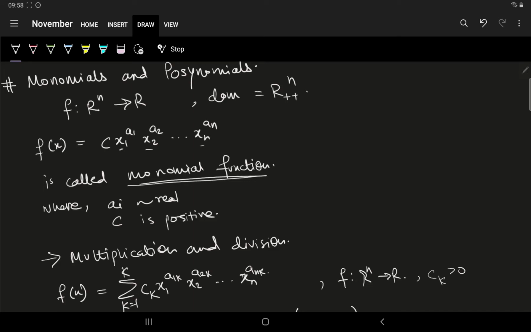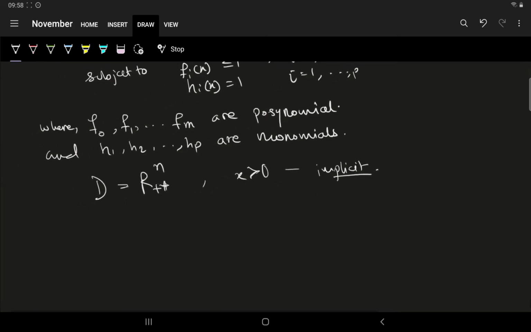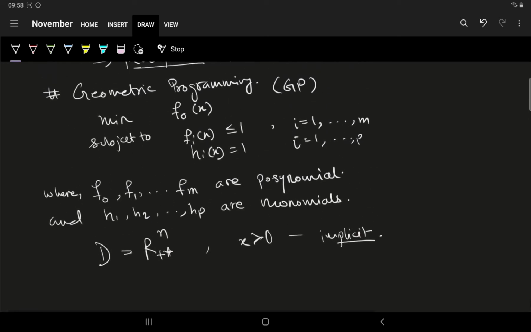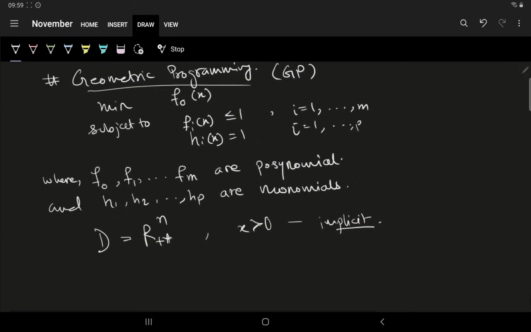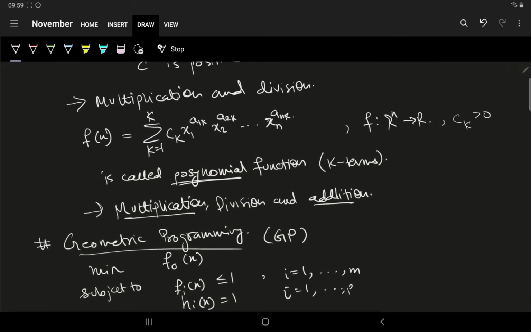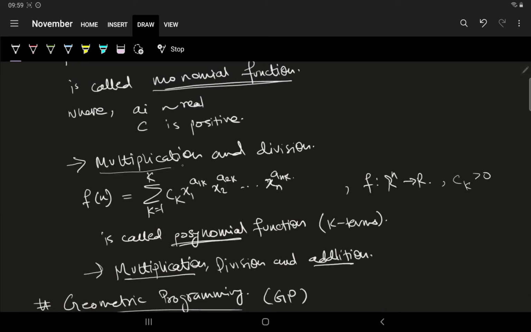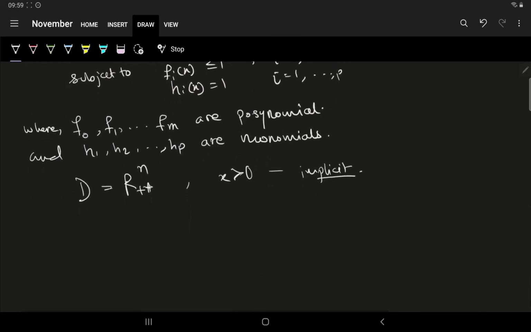Otherwise it might not always be real. And what we said before is that monomials are closed under this kind of multiplication and division, and polynomials are closed under multiplication, division and addition.